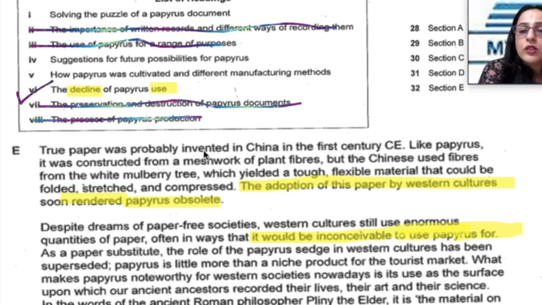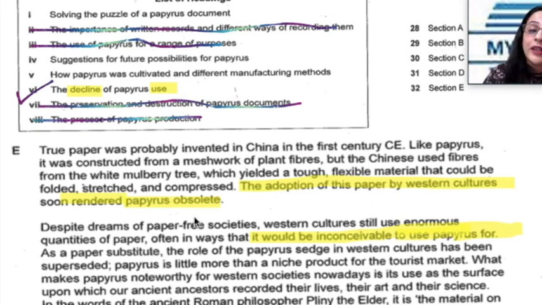True paper was probably invented in China in the 1st century CE, constructed like papyrus. So basically it is actually giving how papyrus was replaced by true paper, which was invented in China. Now, if you read the last line of this first para, you would see the adoption of this paper by Western culture soon rendered papyrus obsolete.